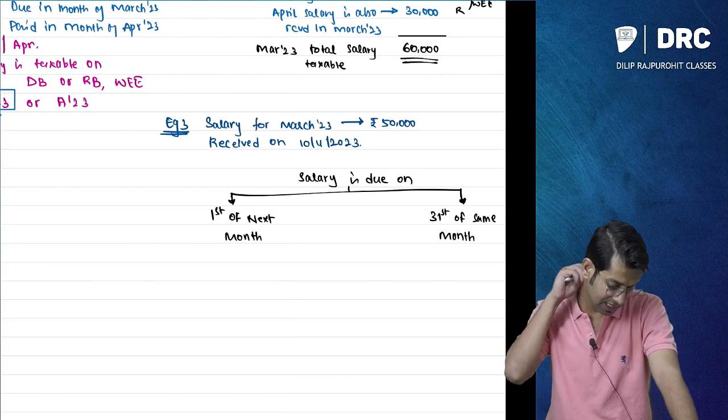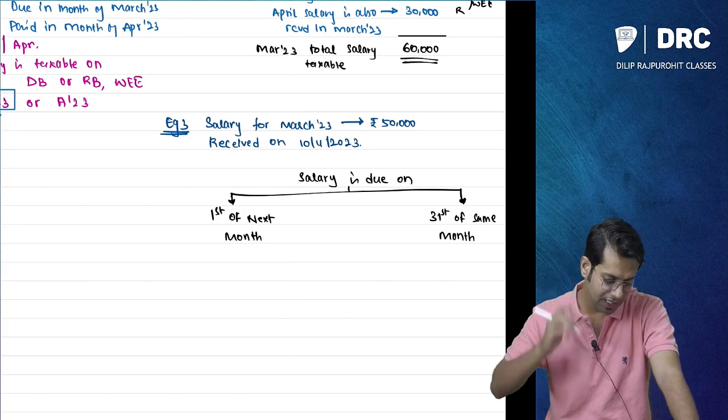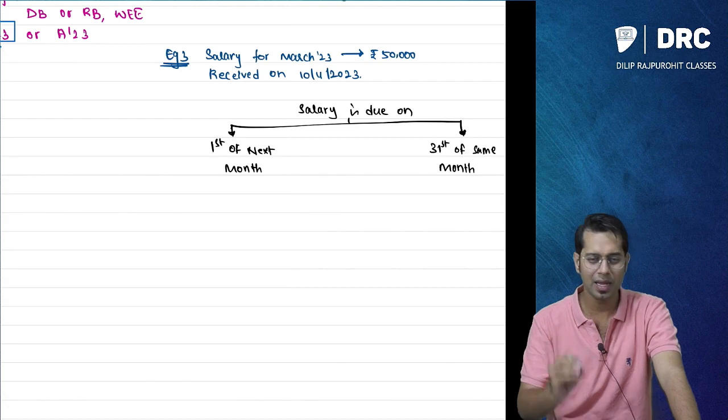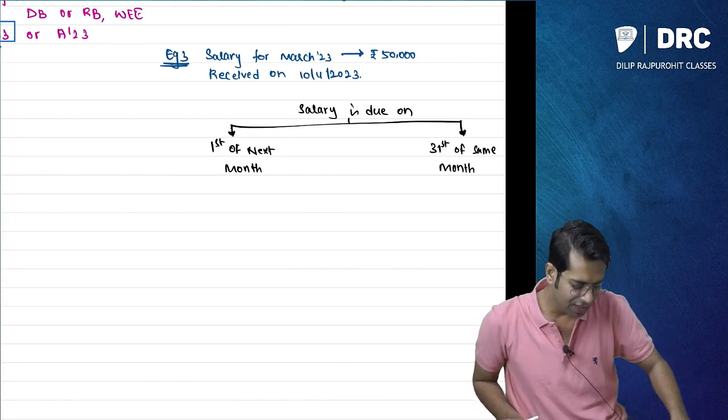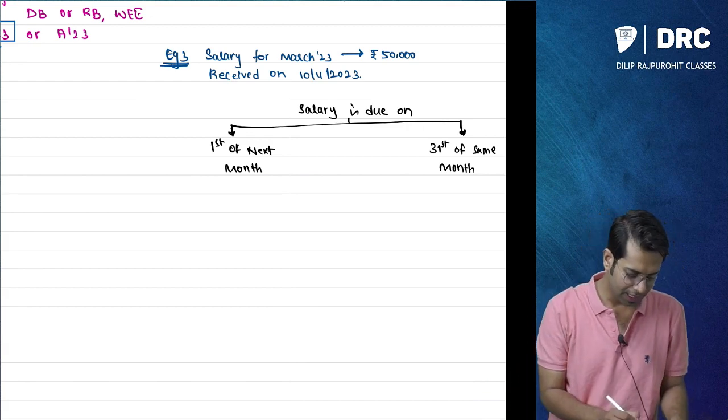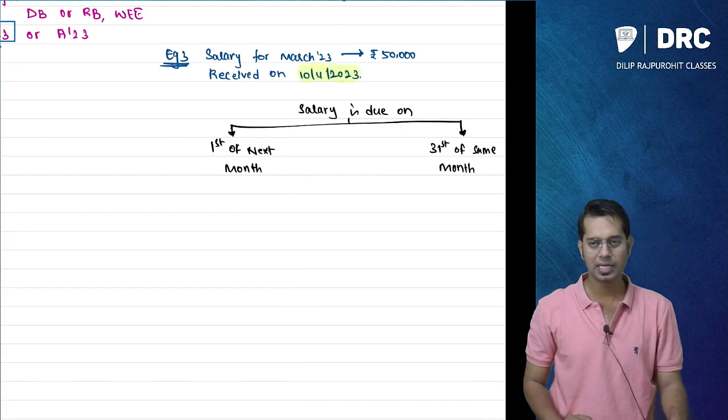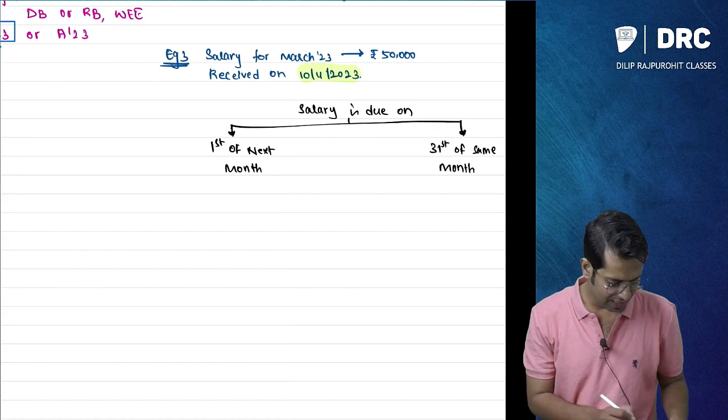Now in these both cases, tell me when will it be taxable, whether the salary will be taxable in the month of April or in the month of March. Please keep in mind that I have received the salary on 10th of April. Tell me when will it be taxable.